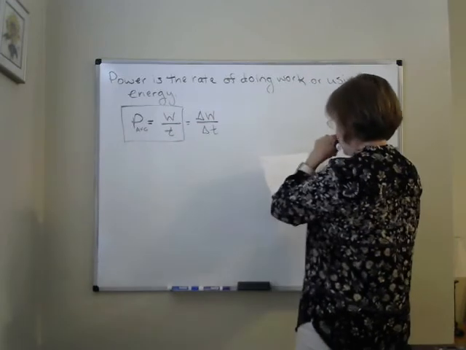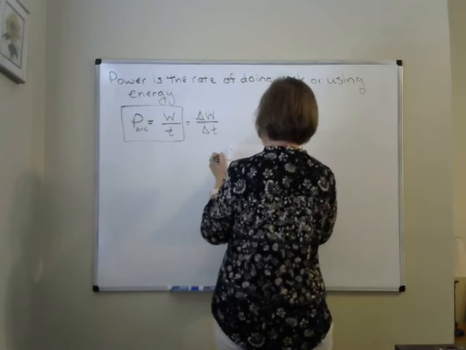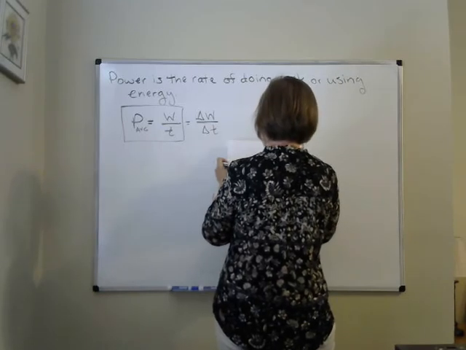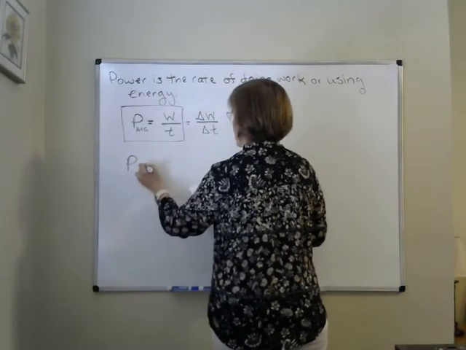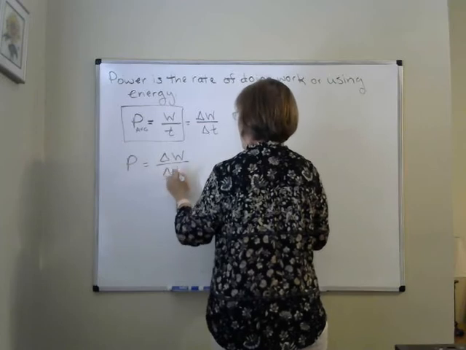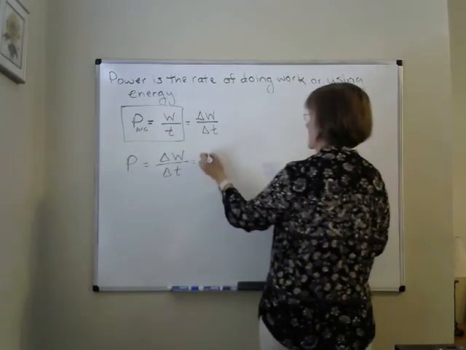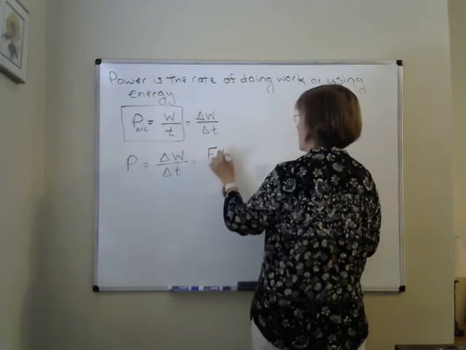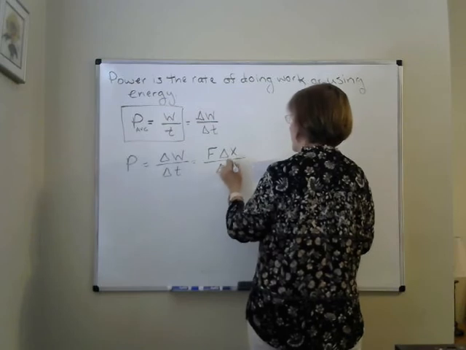One of the things that we do know, and we'll look at this average power with the time intervals, is that we can rewrite this. We know that work is force times distance. This is often written as force times the displacement over the time interval.